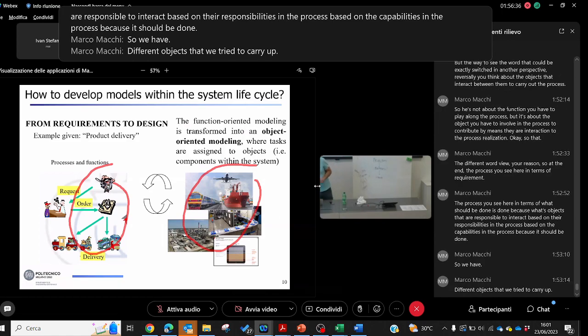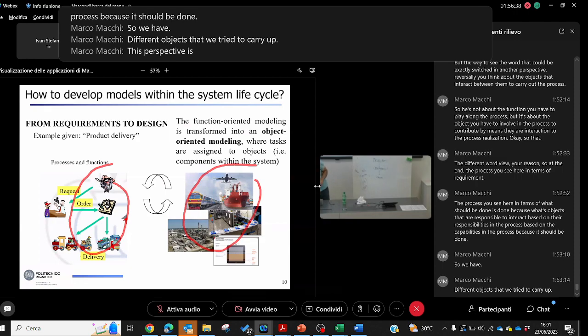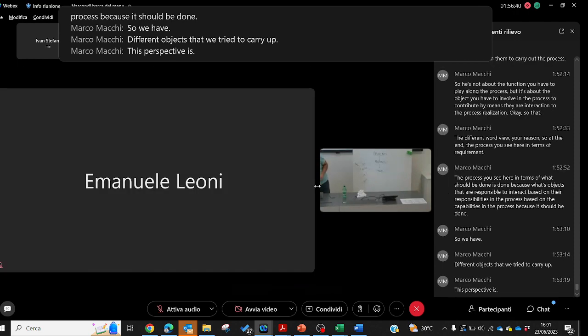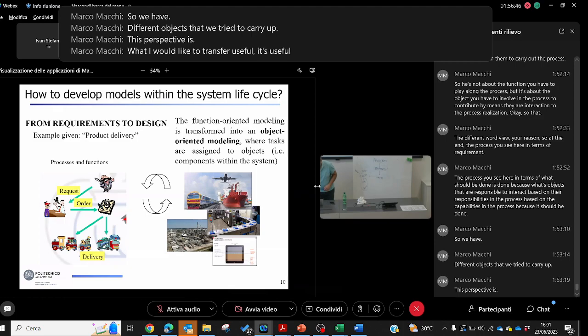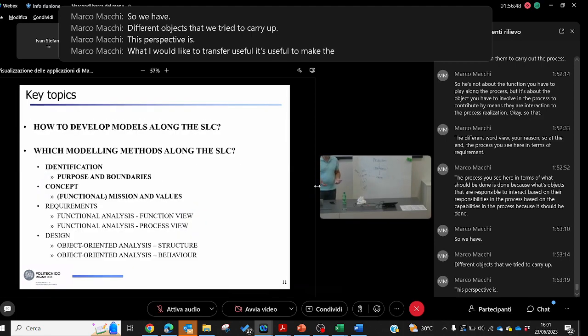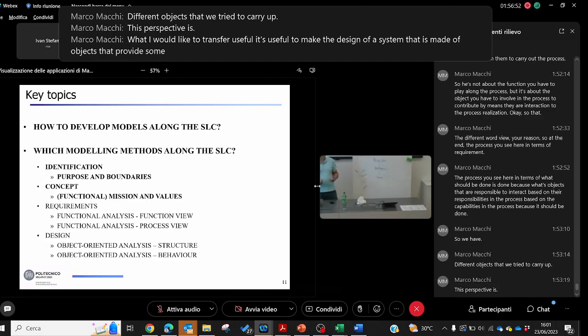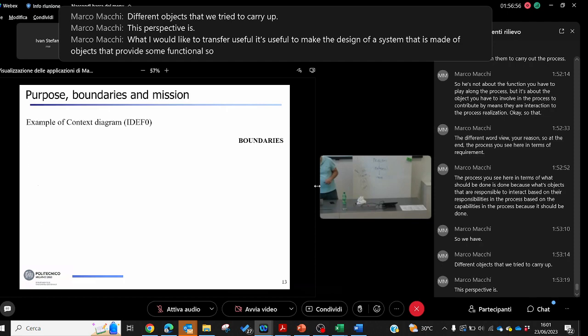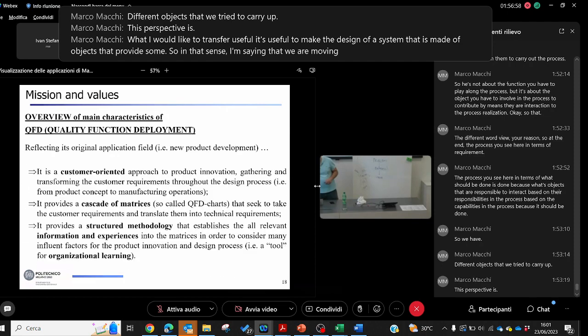This perspective is what I would like to transfer. It's useful to make the design of a system that is made of objects that provide some capability, some functionality. So in that sense, I'm saying that we're moving ahead in the how.